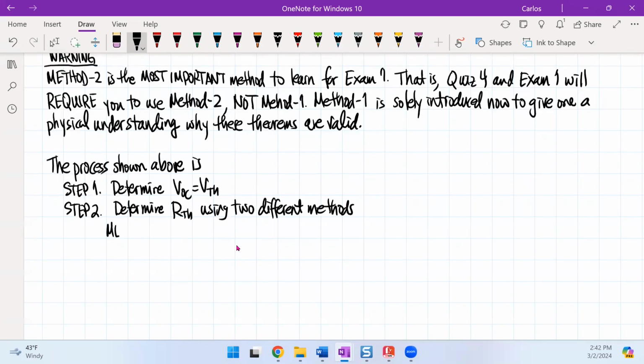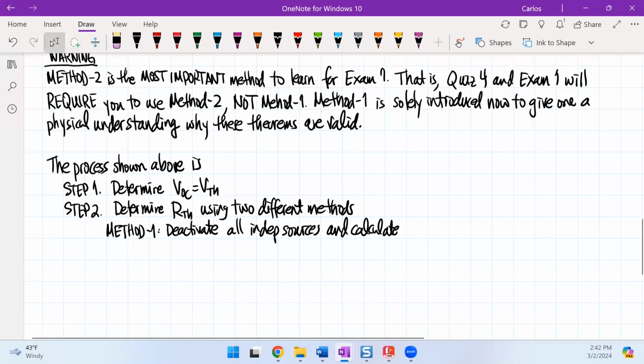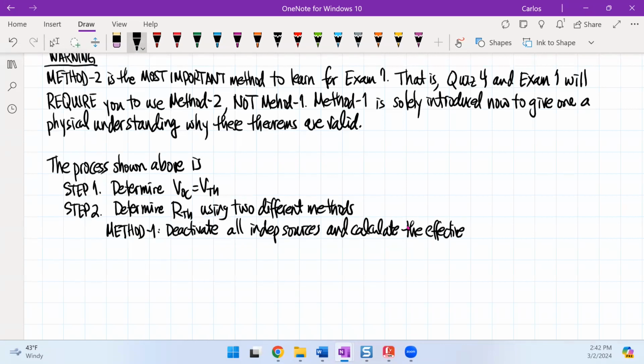Method 1: what you do here is deactivate all independent sources and calculate the effective resistance.